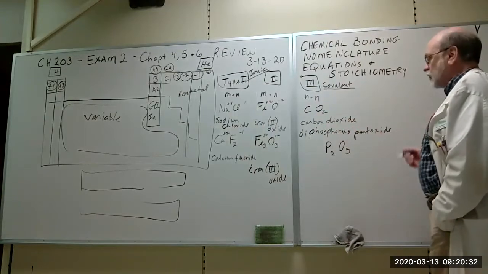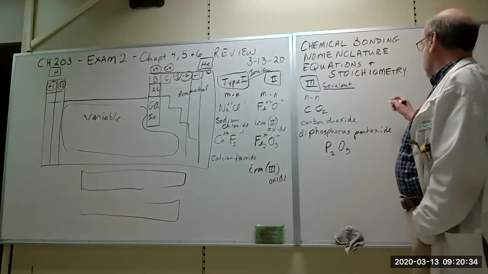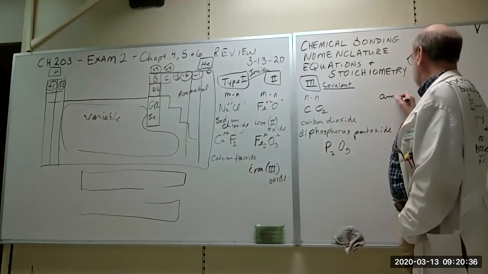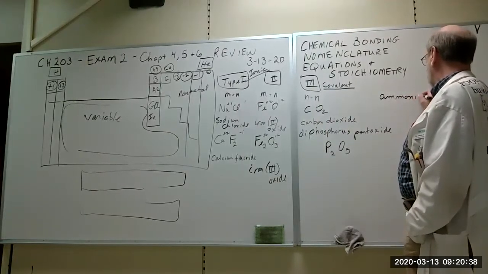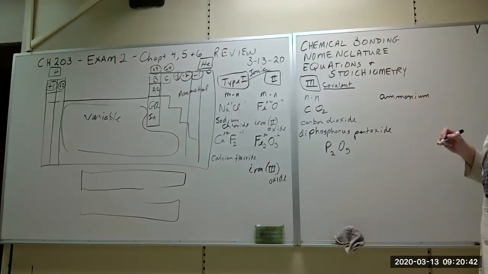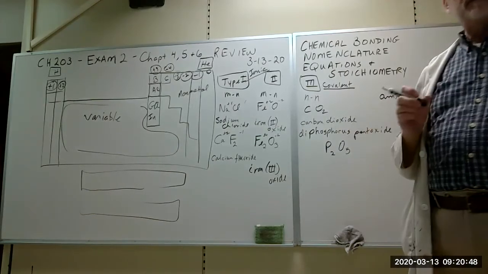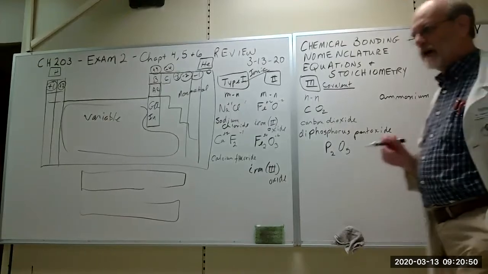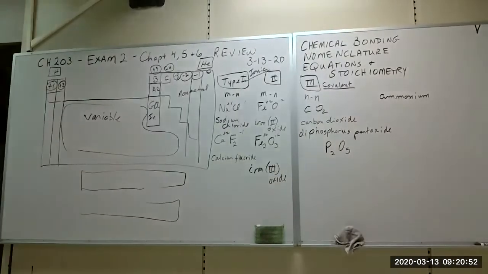Right? So if we have ammonium, which one would that be, the cation or the anion? I gave you a list of polyatomics, didn't I? Yeah, okay. And let me check to be sure.